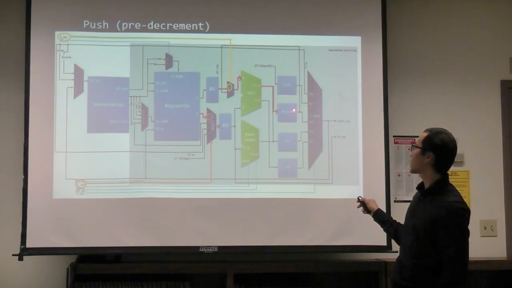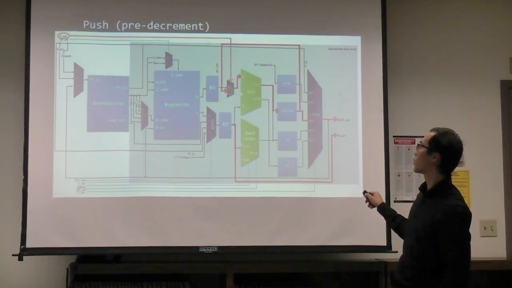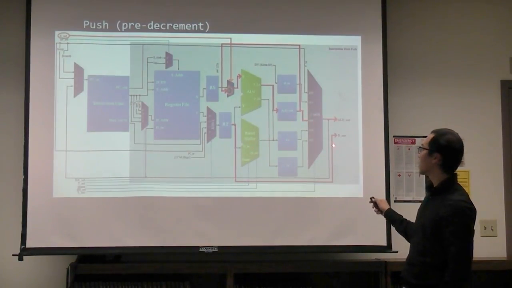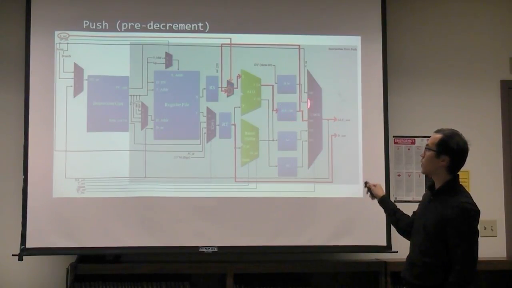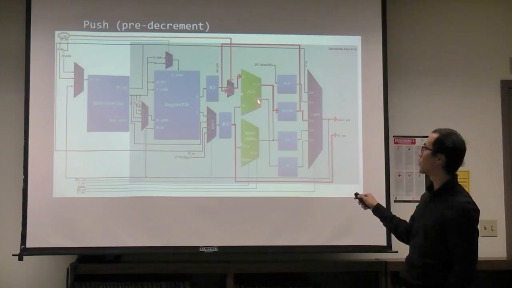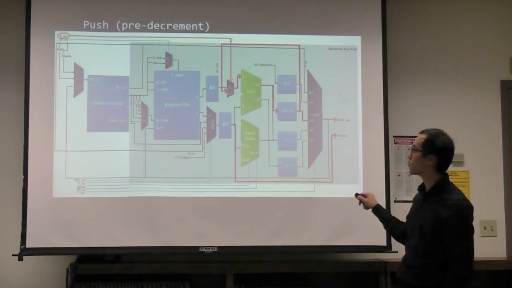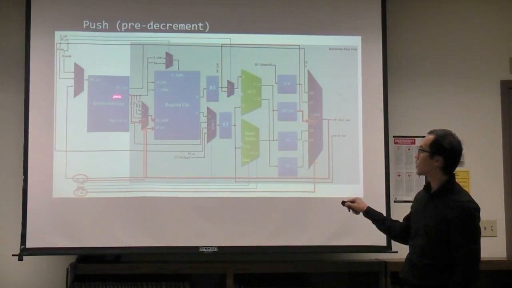For the next clock, we subtract on this clock when we send the data out to the memory, and then we send the stack pointer back into ALU and decrement by 4, then put it back into ALU out. So we'll be ready to store it back on the next clock, right here.